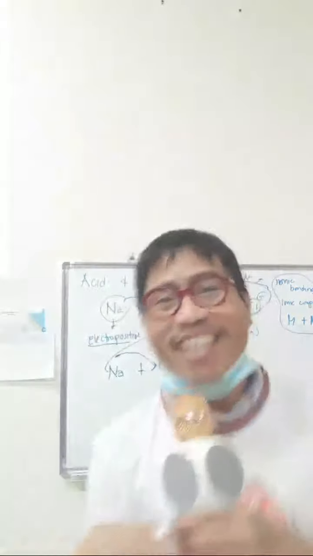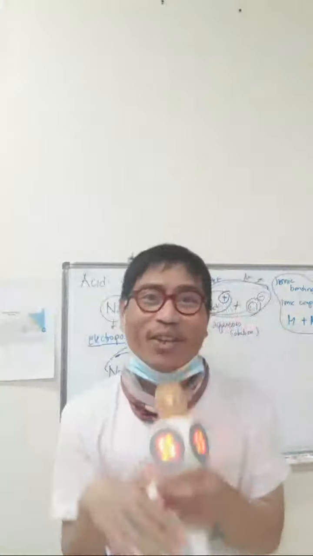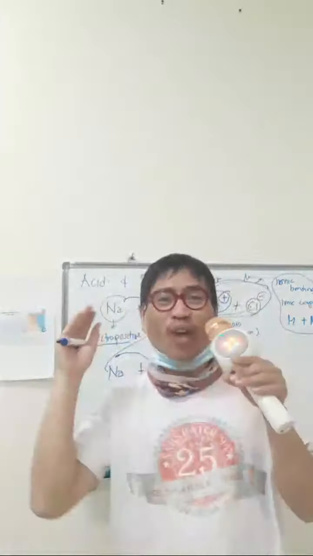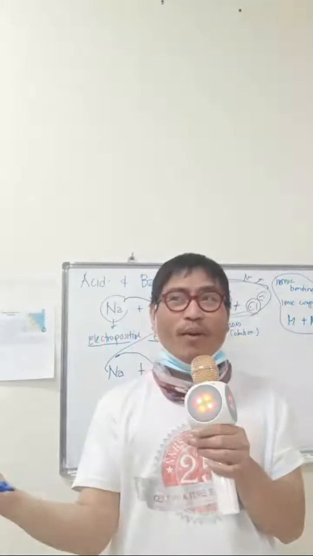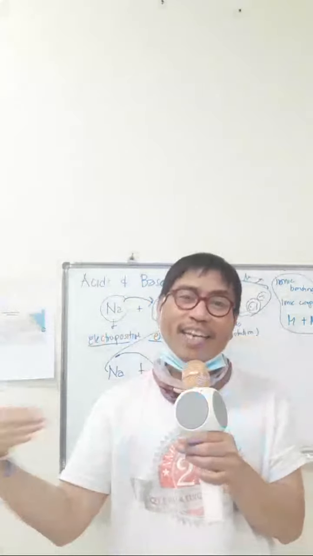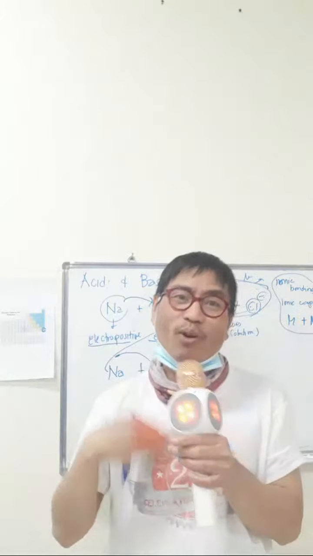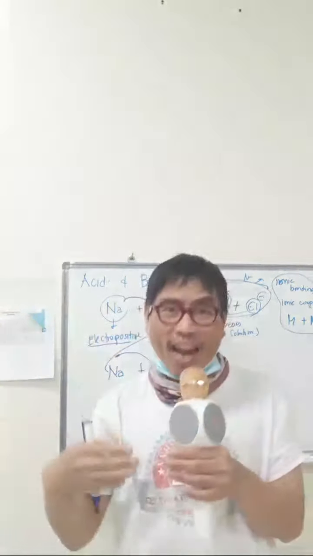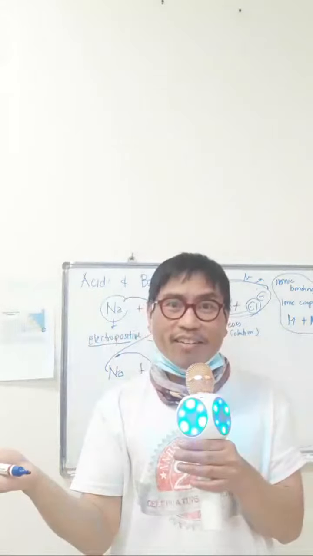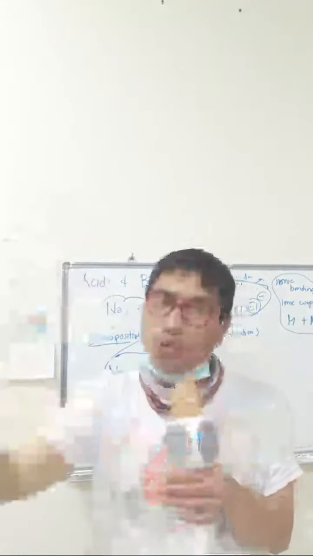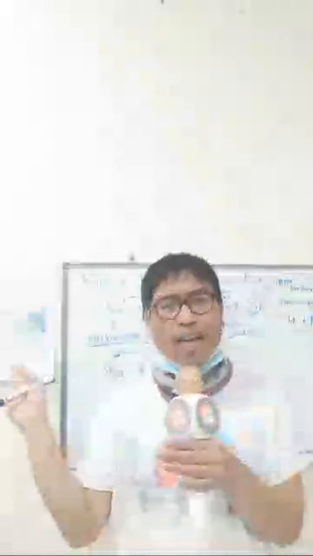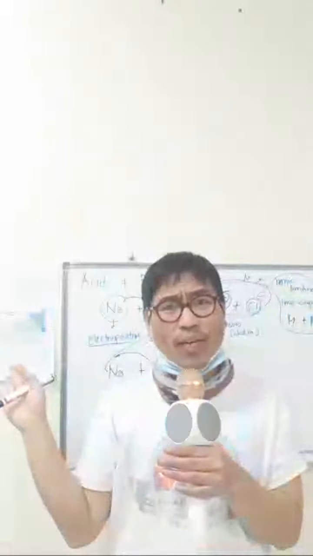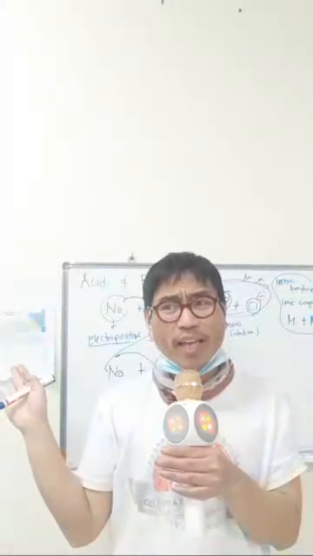When you transfer, only one party will transfer, not necessarily that the party will also transfer back to you. But when you share, both of you will share. I will transfer to you, you will also transfer to me. But in the case of an ionic compound, one is only transferring the electrons.